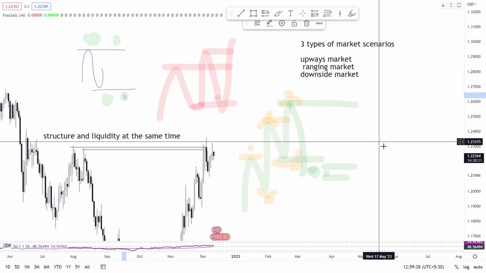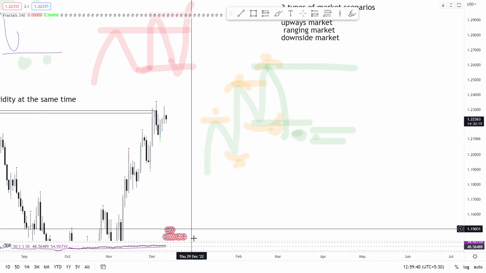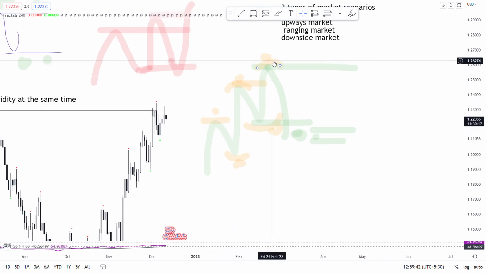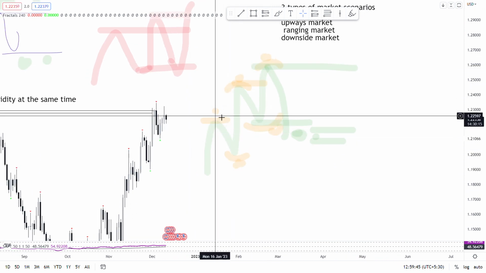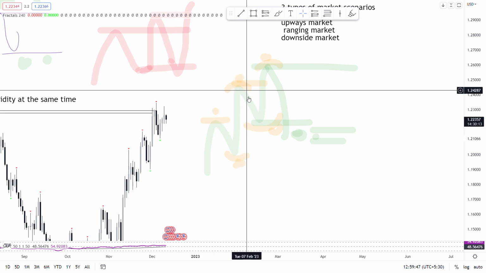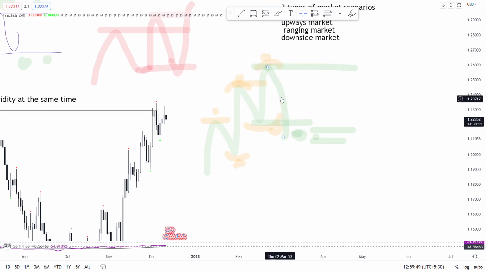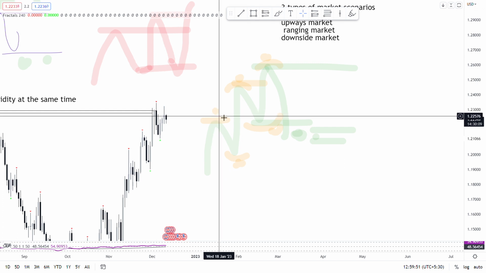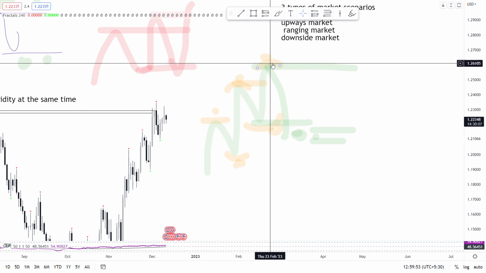See here, the market is moving in an uptrend, right? In an uptrend, every high and low in the market has liquidity. So in the upside, this is liquidity, this is liquidity, this is liquidity.